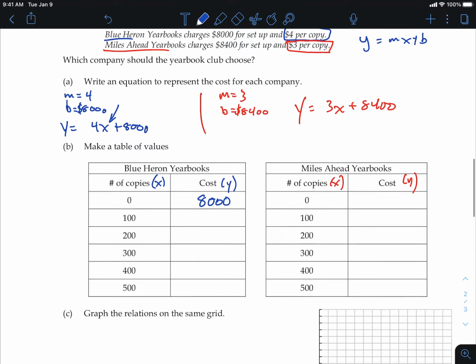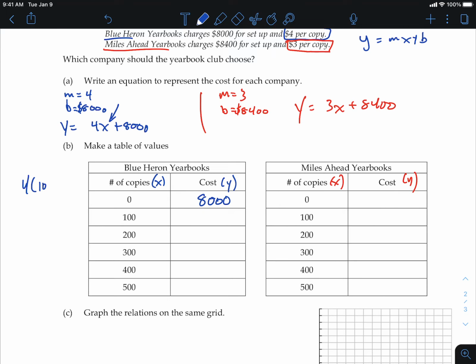So 4 times 100 is 400, plus the 8,000 equals 8,400. So that's what goes here. Now some of you may have noticed in doing some of the work that there's a pattern there. The pattern is the slope.